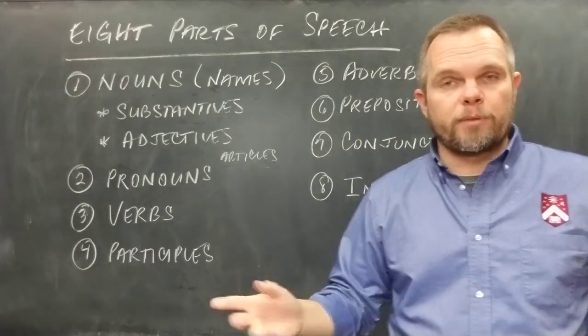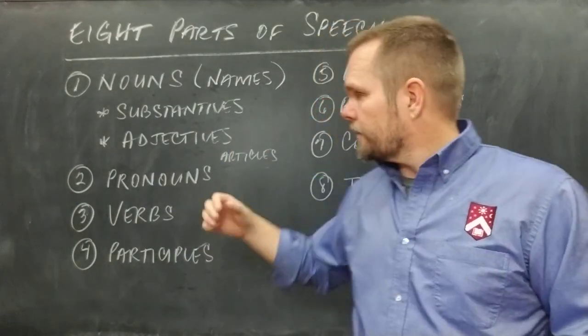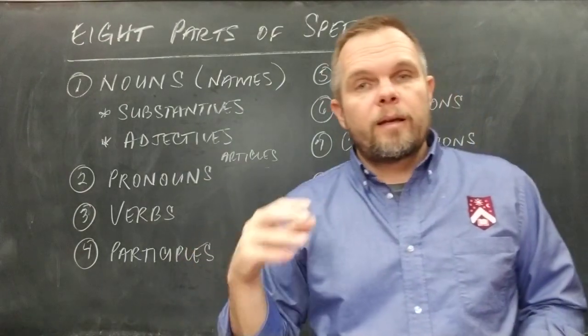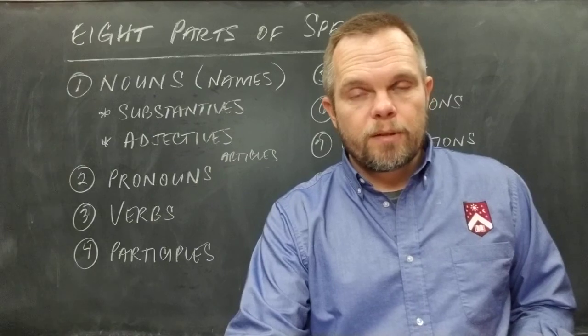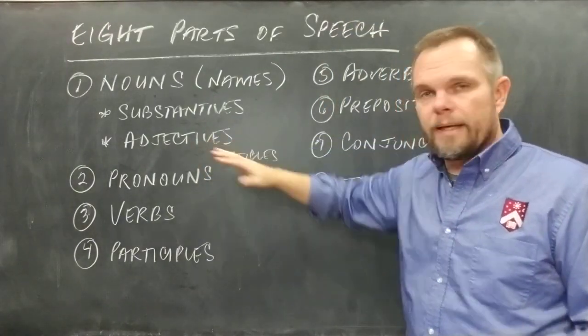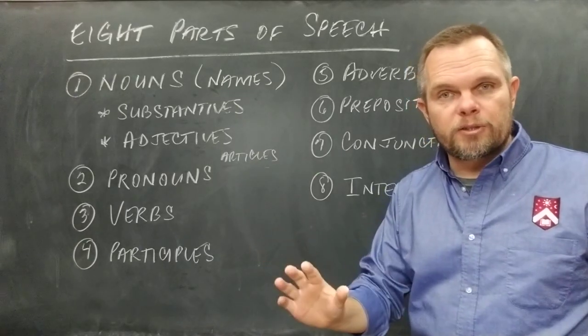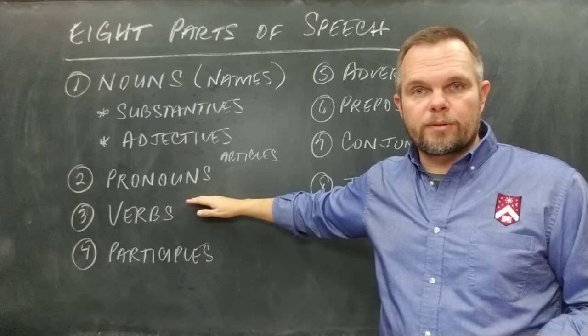In Latin, for example, there are no articles. The idea of an article in Latin is expressed by a pronoun. So articles, they kind of float here, depending on how they're used and how they're expressed, between adjectives and pronouns. Okay?